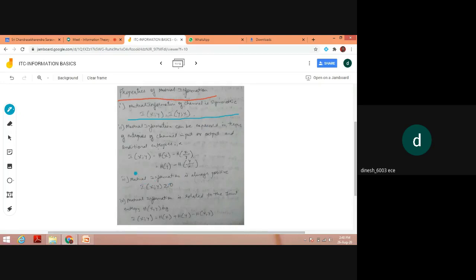And in terms of entropy, I(X;Y) is equal to H(X) minus H(X/Y), or I(Y;X) is equal to H(Y) minus H(Y/X). And the mutual information is always non-negative, greater than or equal to 0. And mutual information in terms of joint entropy is this: I(X;Y) is equal to H(X) plus H(Y) minus H(X,Y).